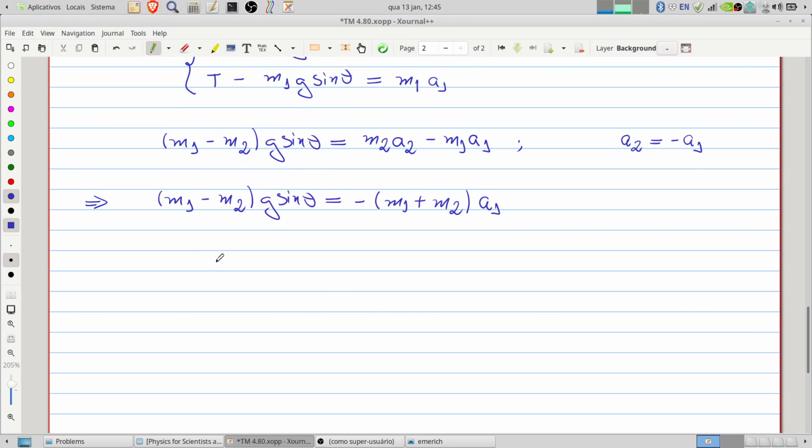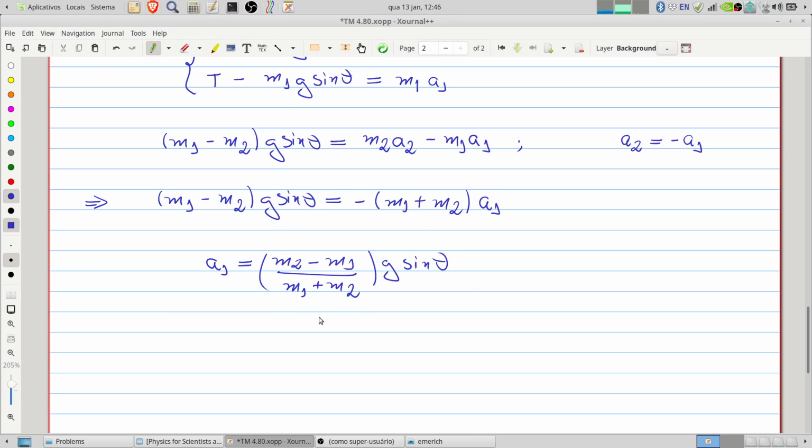Therefore, the acceleration a1 will be, instead of minus, we can change the order here. It's better, it's more elegant. So we can write (m2 minus m1) divided by (m1 plus m2), multiplied by g sine of theta.